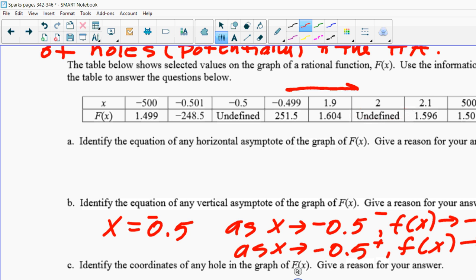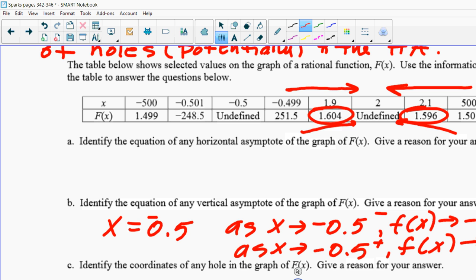As x approaches 2 from the left and from the right, what do you see the y values doing? What number are the y values getting closer and closer to? Do you see? Look at, read it in 1.2.